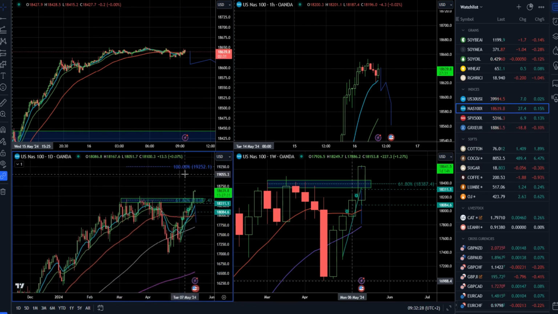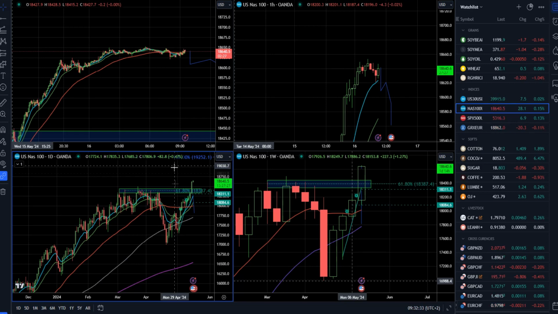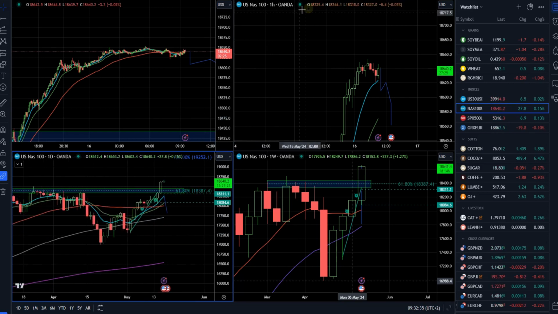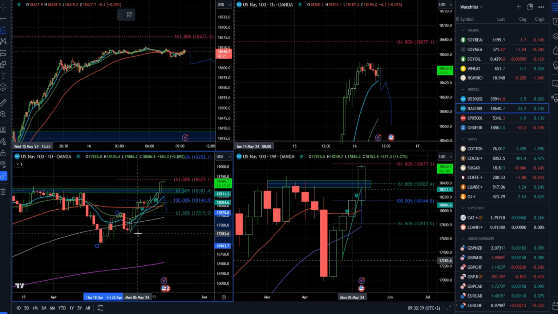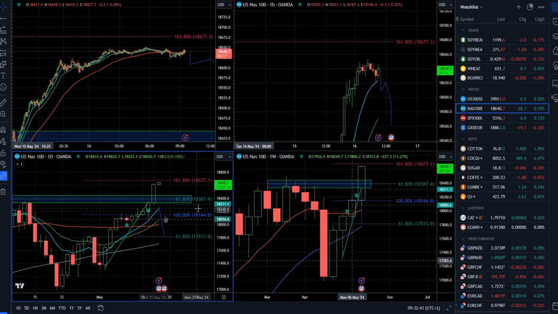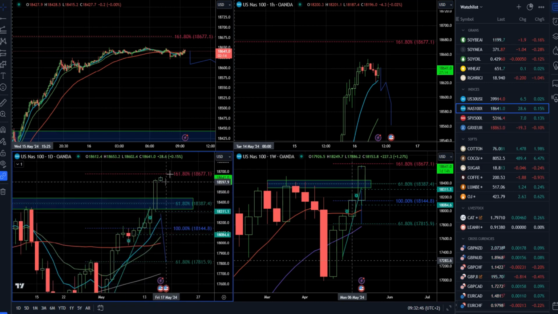The 100% expansion is 19,252. This recent one, if we check this swing high and swing low, is just around this 161.8 extreme expansion.